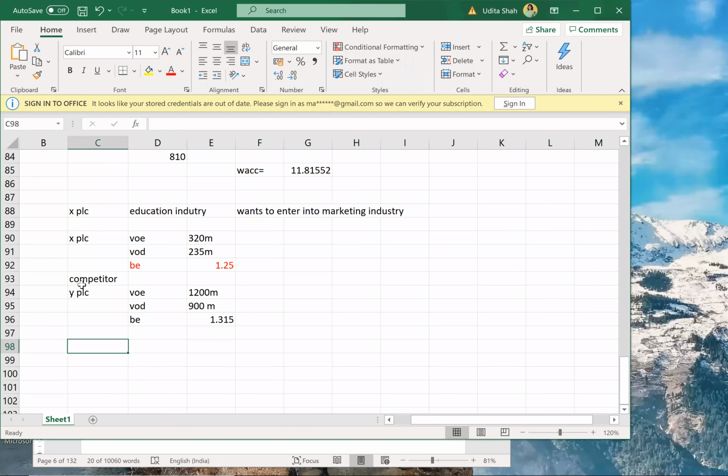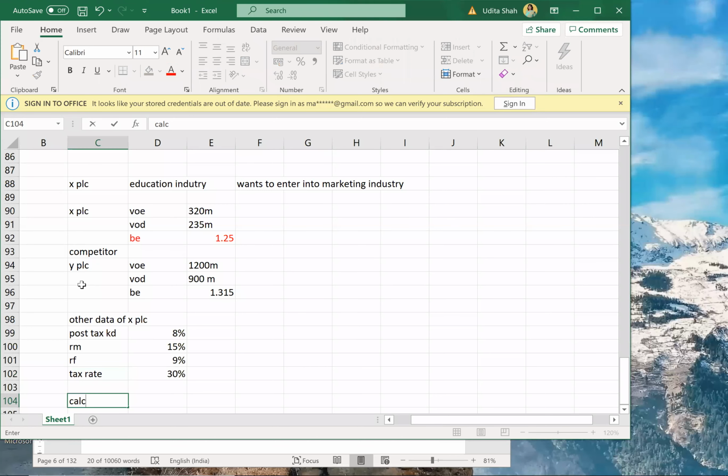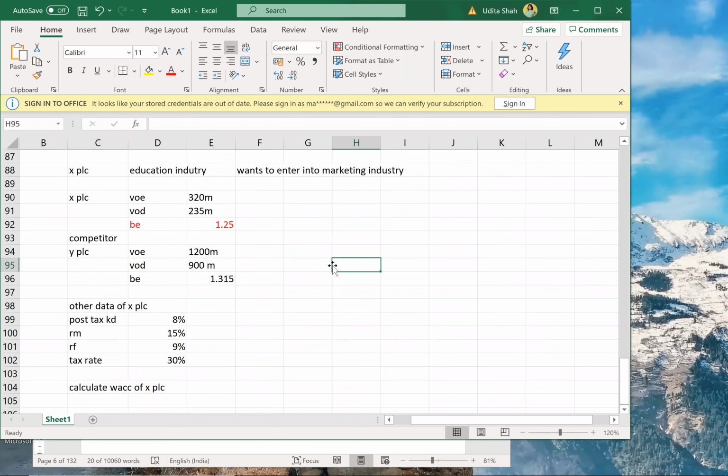And other data of XPLC: post-tax KD is 8%, RM is 15%, RF is 9%, and tax rate is 30%. Calculate WACC of XPLC.